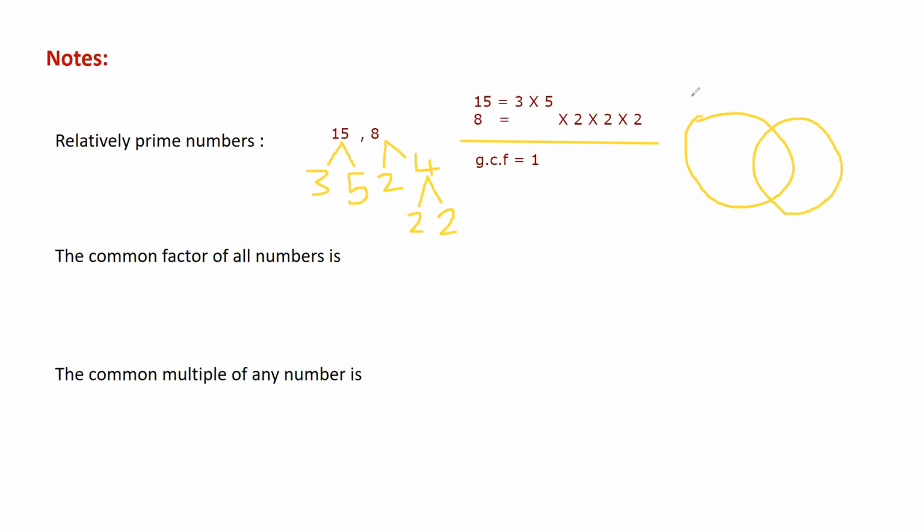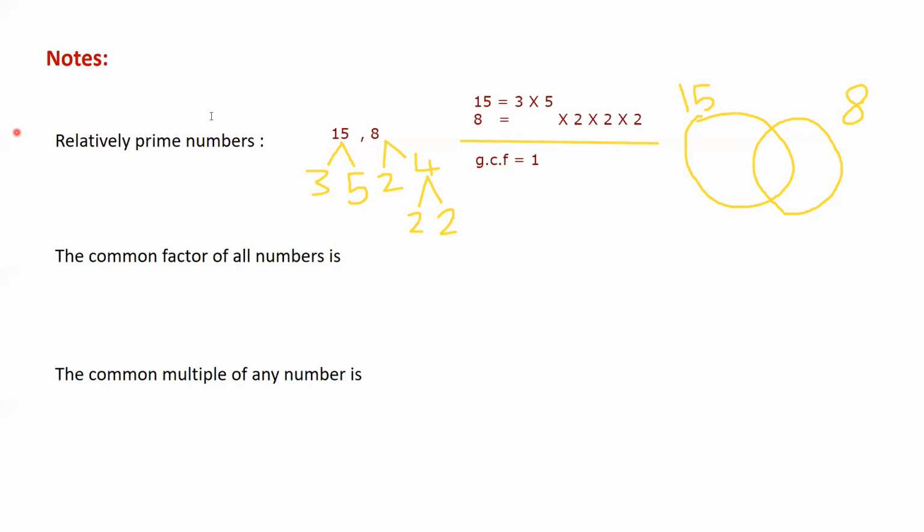The first one is for 15, and here is 8. And what are we going to put inside the intersection part? It will be empty because we don't have any common factor. So when you find this is empty, it means that the GCF equals 1, and it means that these two numbers are called relatively prime numbers.